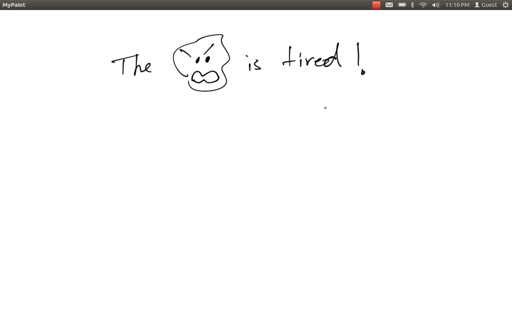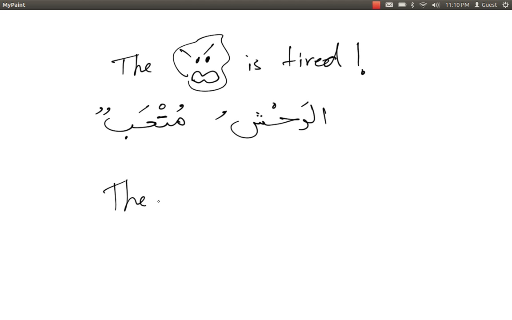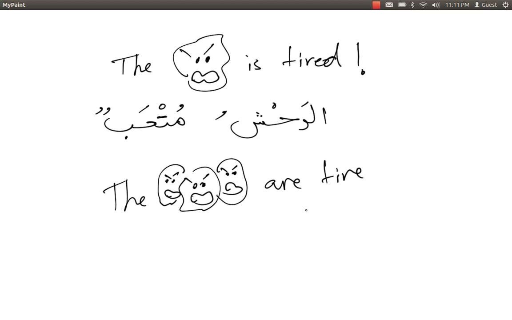Okay, in Arabic that would be al-wahshu mut'ab, الوحش متعب. If I want to say the monsters are tired, this will depend on two things.